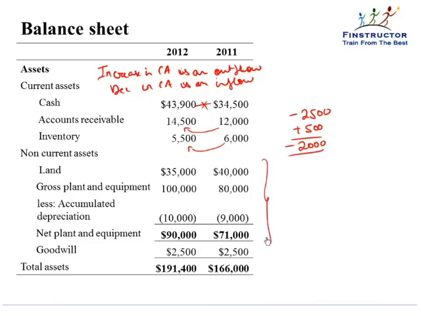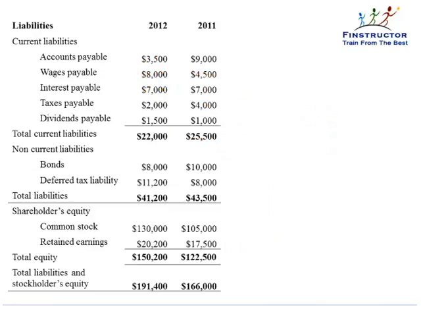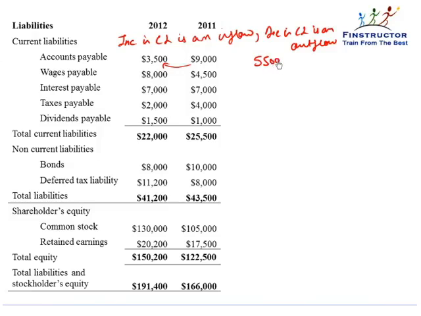Non-current assets will affect investing activities. Similarly, on the liabilities side, remember that an increase in current liability is a cash inflow, and vice versa, that is a decrease in current liability is an outflow. Let's understand. So if accounts payable goes down from 9,000 to 3,500, or by 5,500, that means not only did we pay for this period's raw materials, we also paid our outstanding dues in 2012.